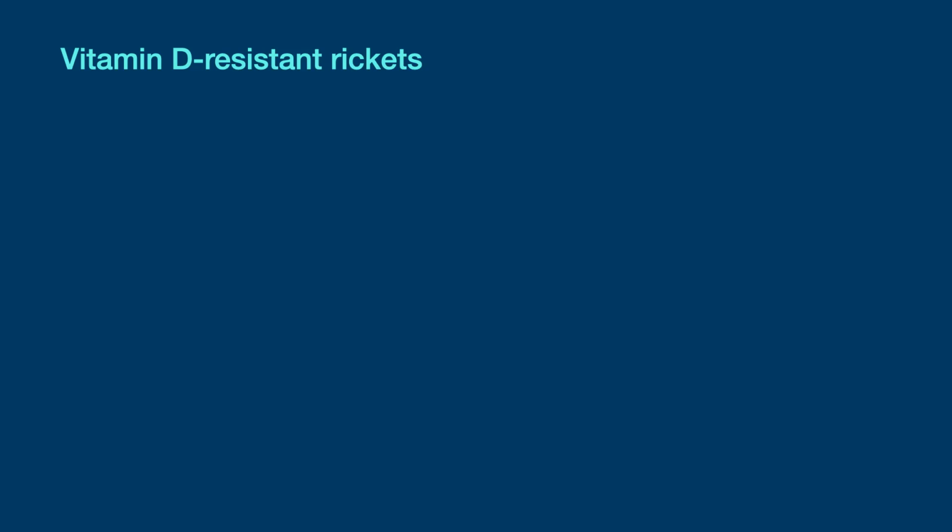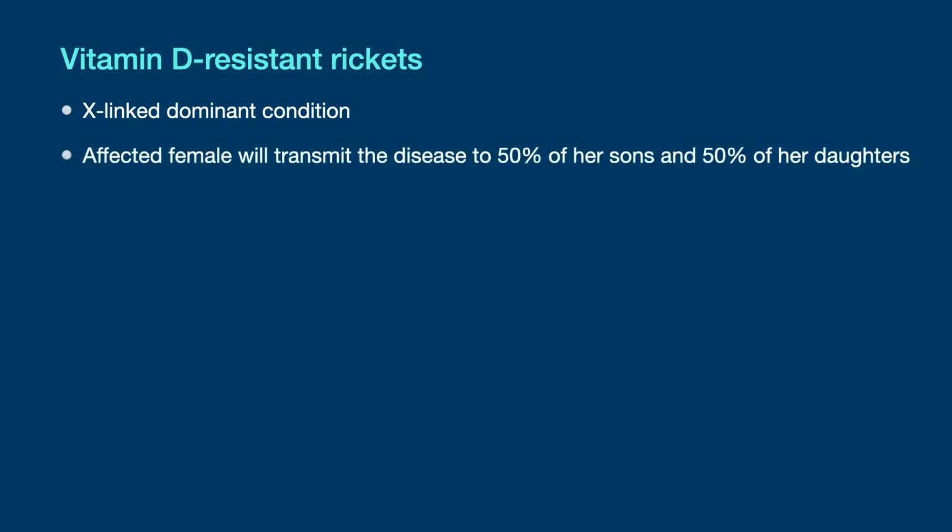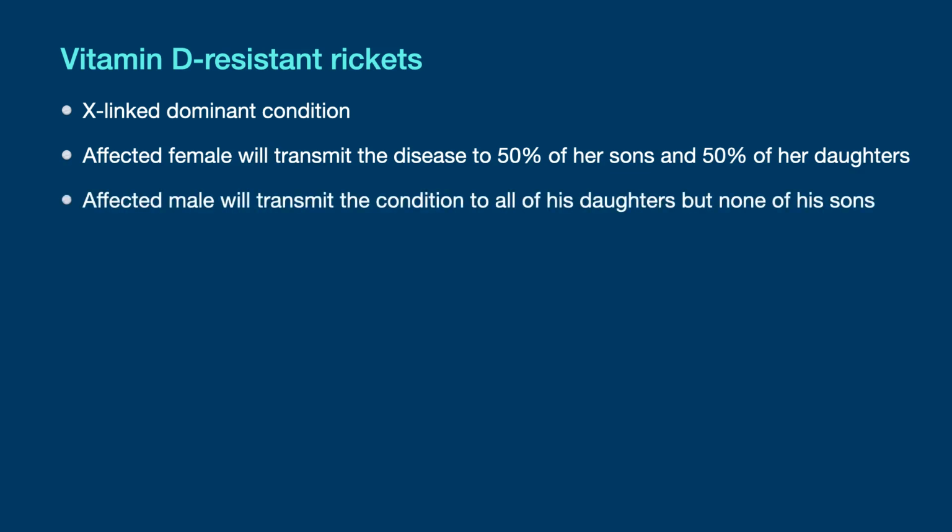Example of condition is vitamin D resistant rickets. It is an X-linked dominant condition. Affected female will transmit the disease to 50% of their sons and 50% of their daughters. Affected male will transmit the condition to all his daughters but none of his sons.